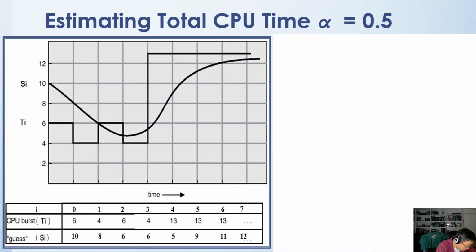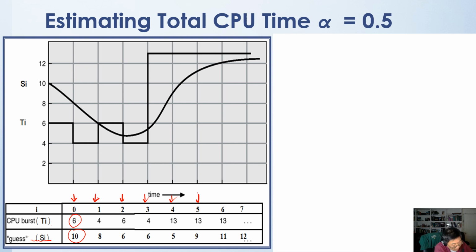Okay, here's an example. This is the number of CPU bursts. Initially, we use the predicted CPU time S0. We predicted that the CPU time is going to be 10. Then we find out the actual CPU time is 6.